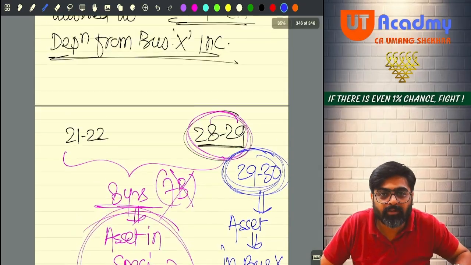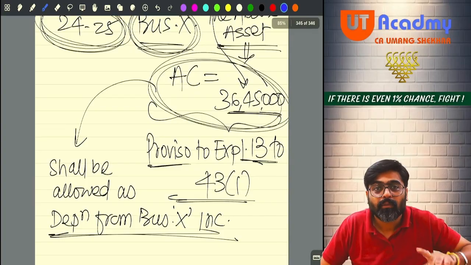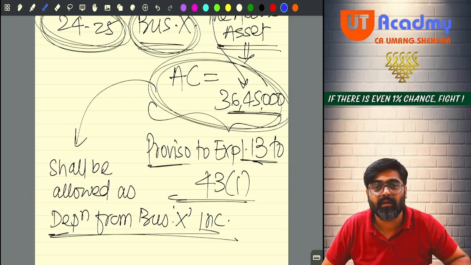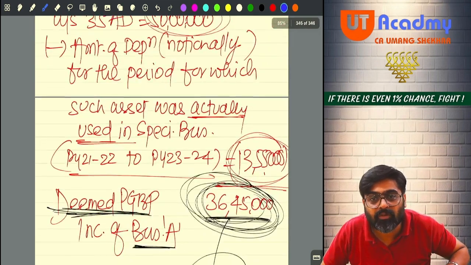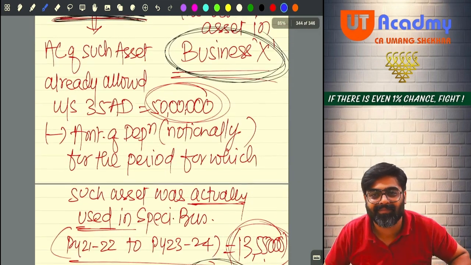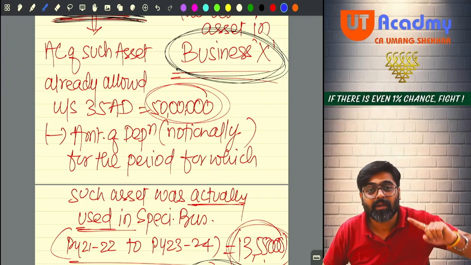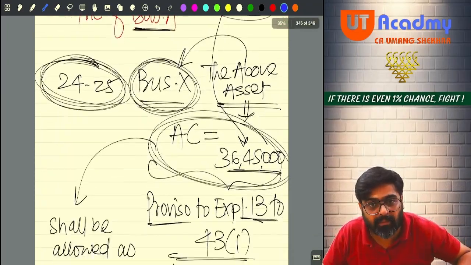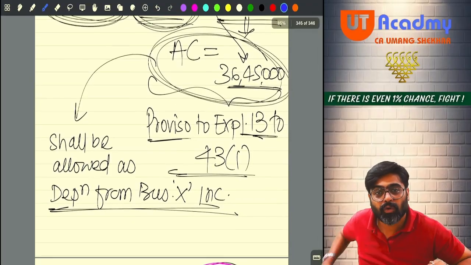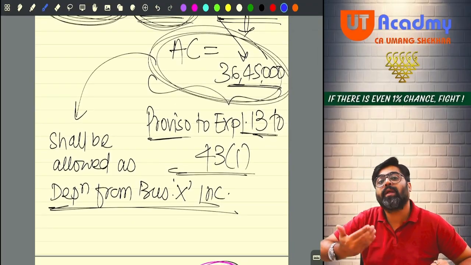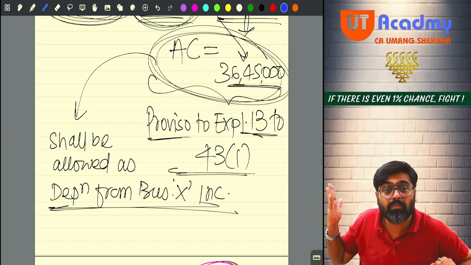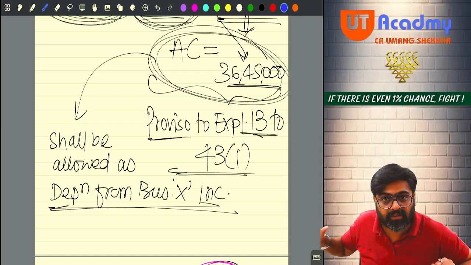Now the proviso to explanation 13 to section 43 will not be applicable. Why? Because 35AD7B was not made applicable. So this proviso is not applicable. Getting my point? So in business X, now when the asset comes, will this asset be added to the block in business X?